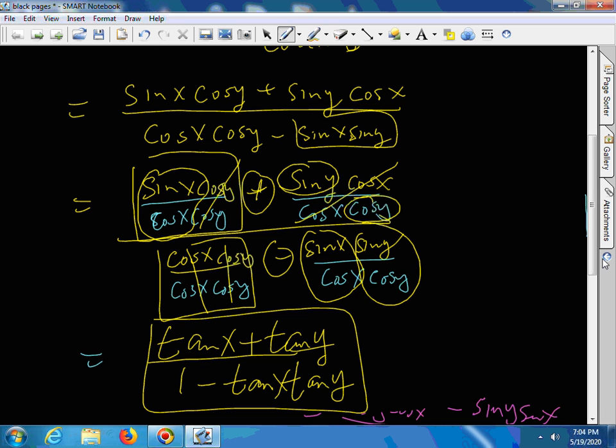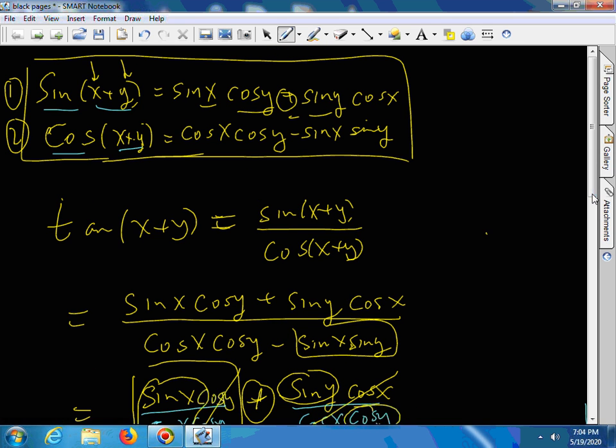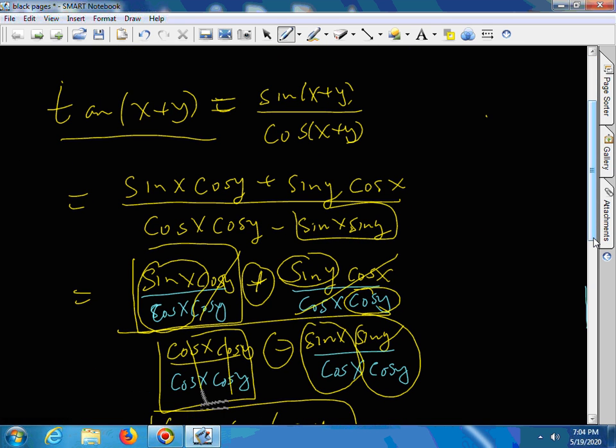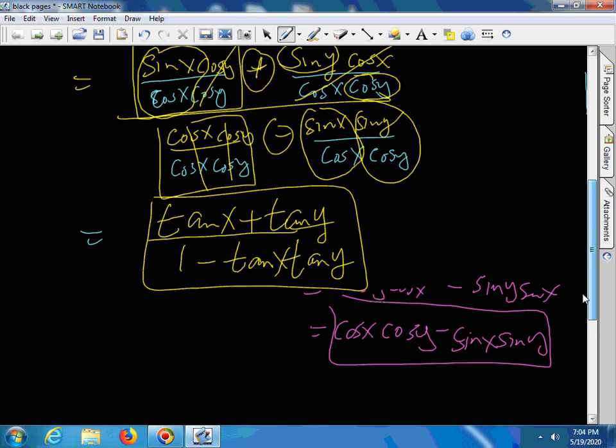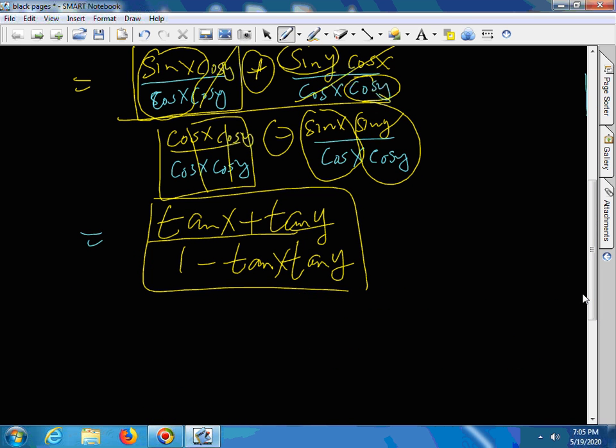There is the formula for tangent of x plus y. So what we just discovered was the tangent of x plus y equals that.